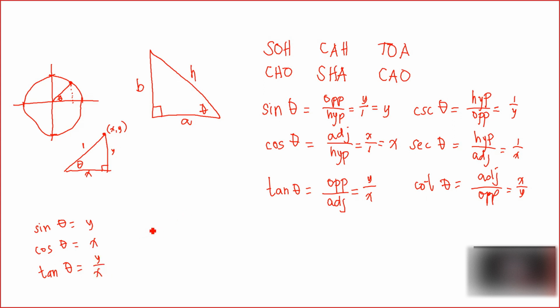And for the reciprocals of these three trigonometric functions, we have the cosecant theta, which is equal to 1 over y, the secant theta is equal to 1 over x, and the cotangent theta is equal to x over y.